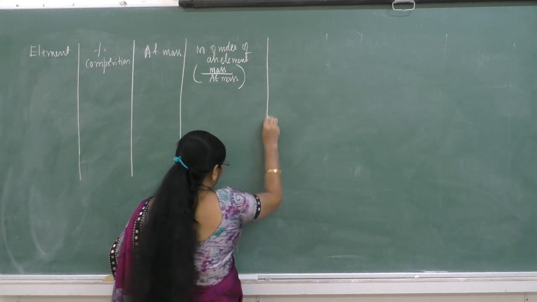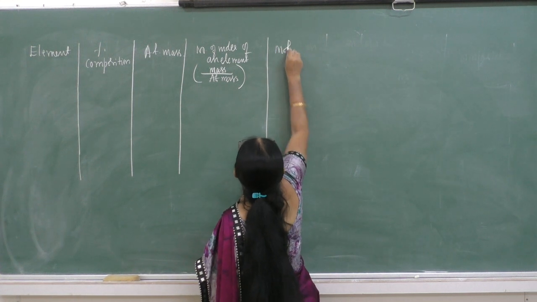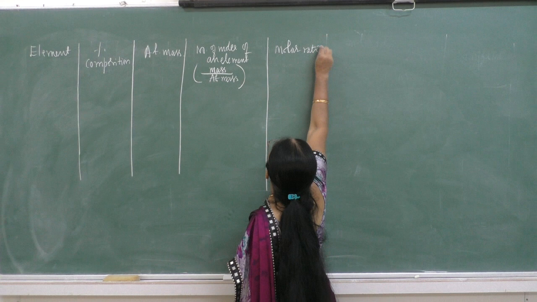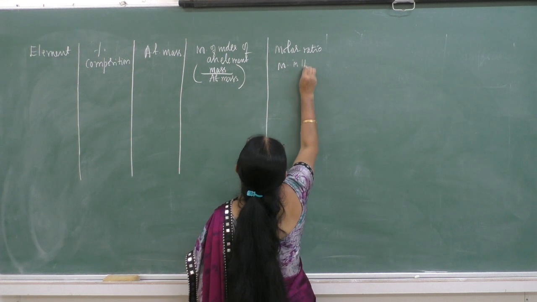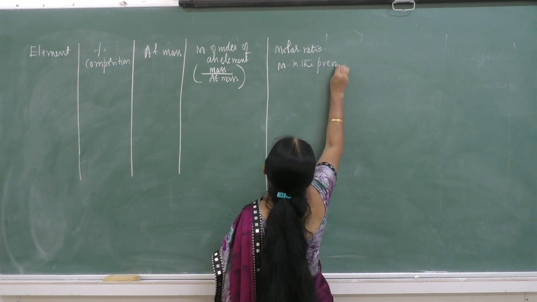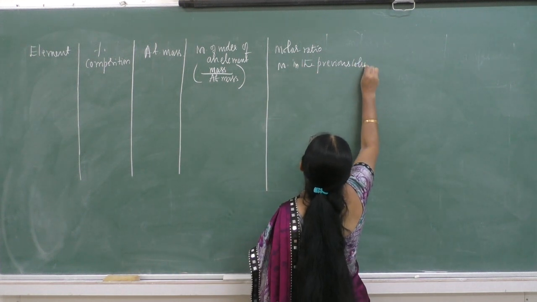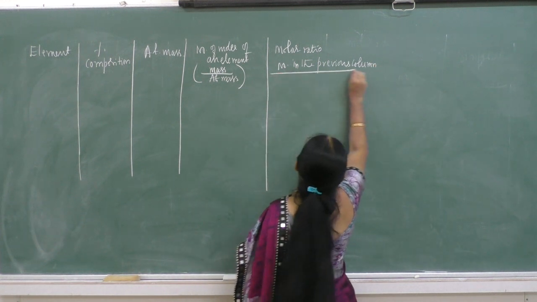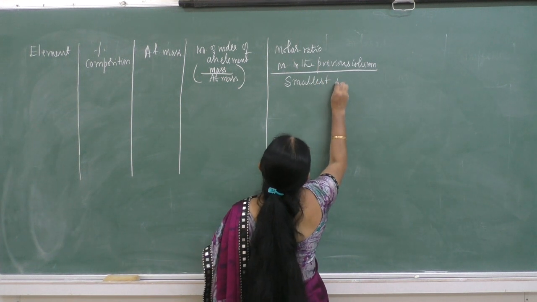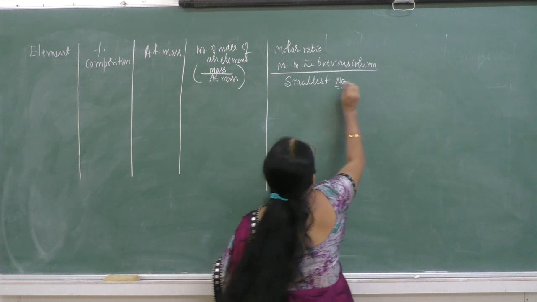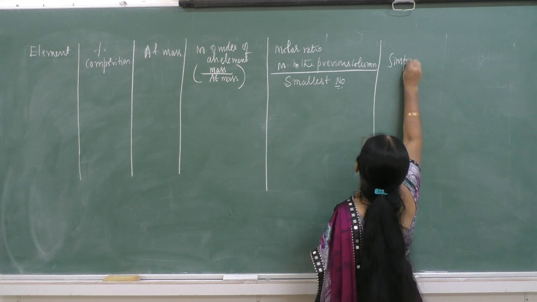Then in the next column take down the molar ratio. This is given by the number in the previous column divided by the smallest number. The last column is the simple ratio.